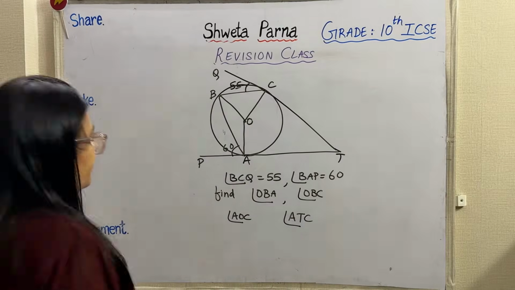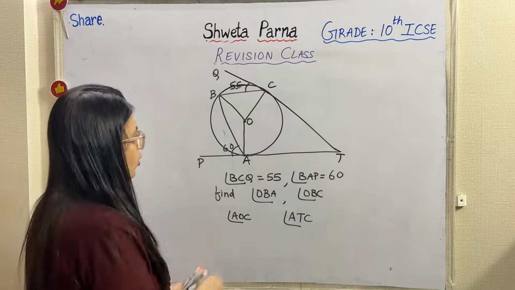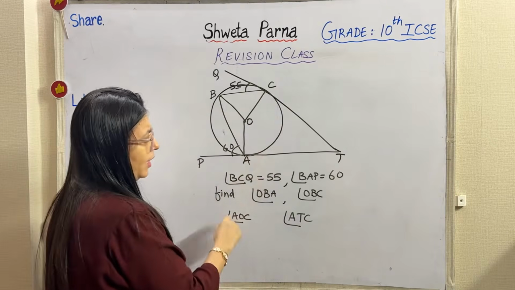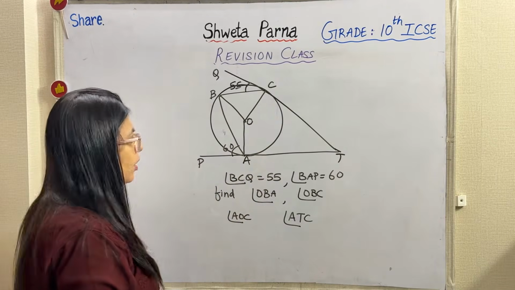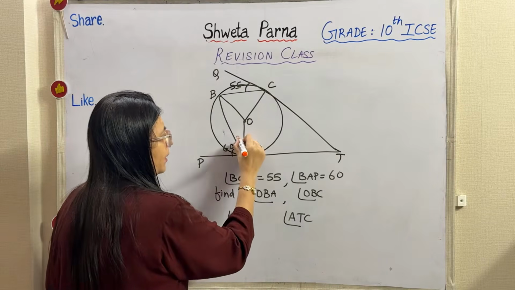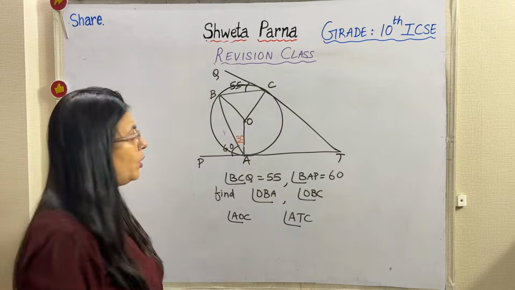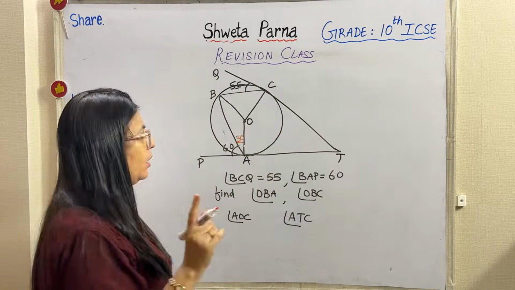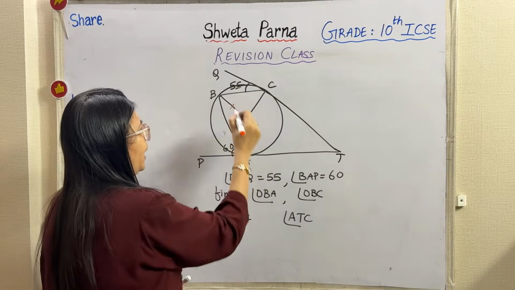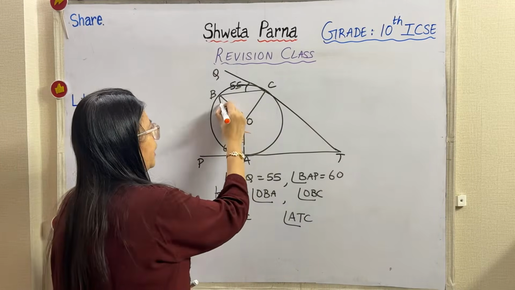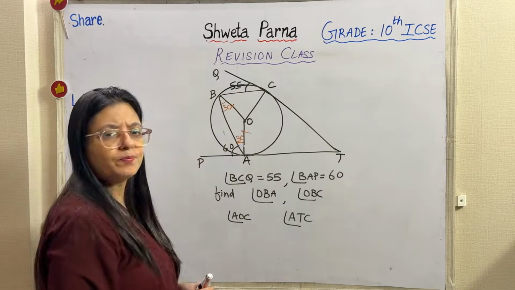Okay, see here. Now, OA is the radius of the circle and this is the tangent, so it should be 90 degree. If this is 60 degree, this angle would be 30 degree because the radius and tangent are perpendicular. Now, OB and OA are radii of the circle, so if this is 30 degree, even this will become 30 degree, correct?